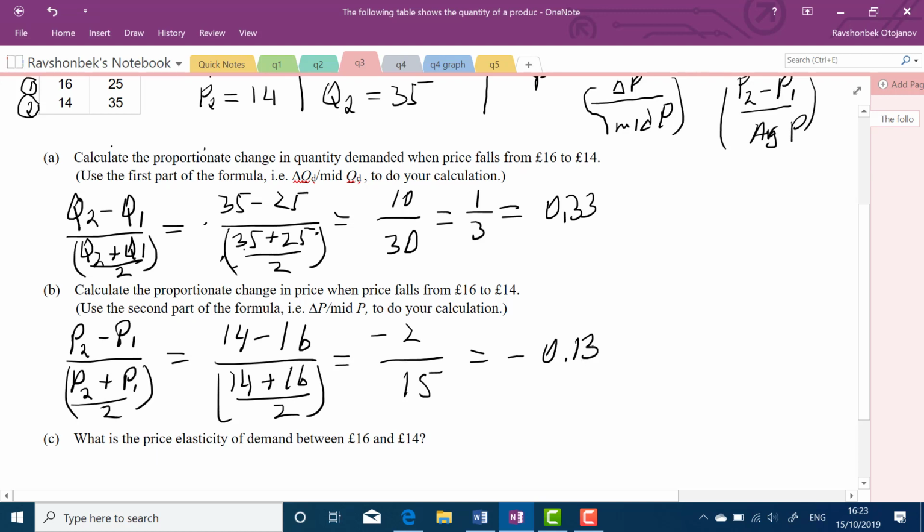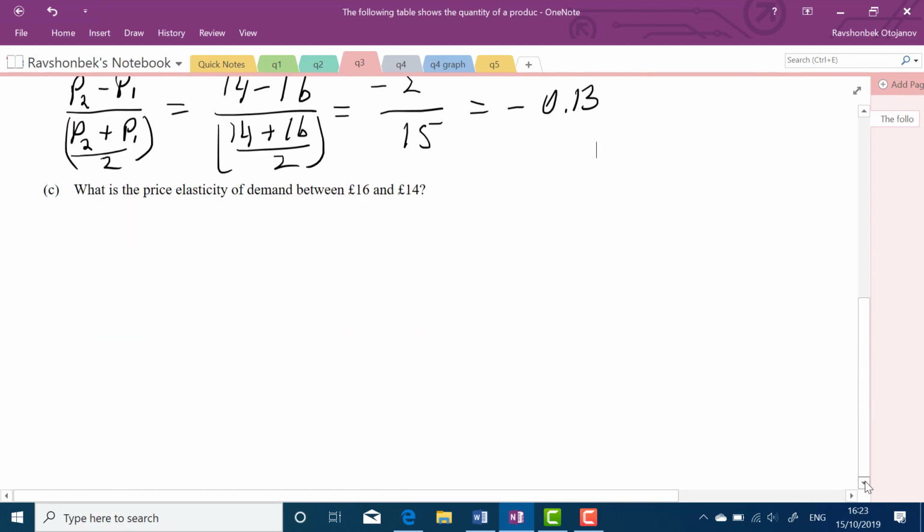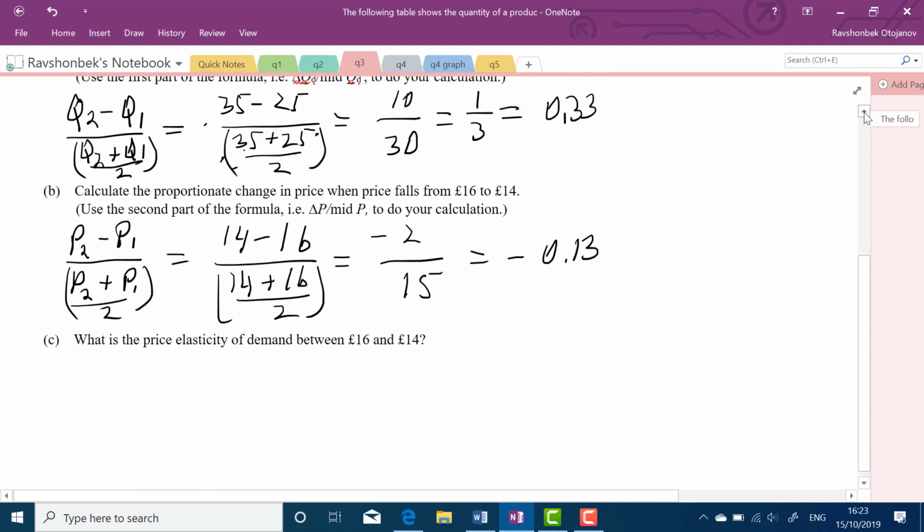Now, what is the price elasticity of demand? That's C now. Price elasticity of demand is just the ratio of the two. Divide A by the other one.